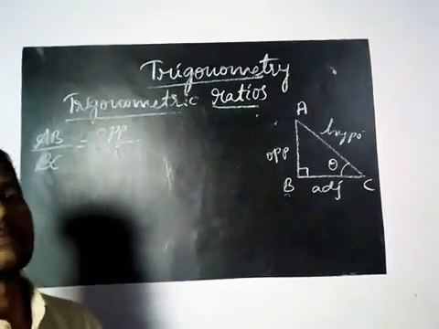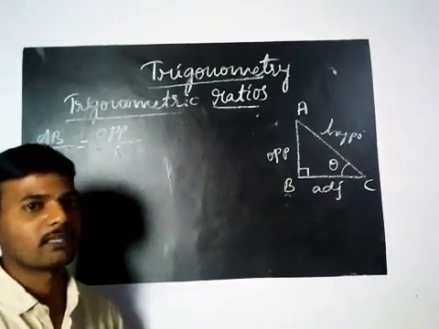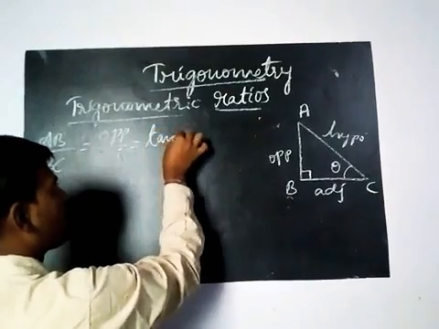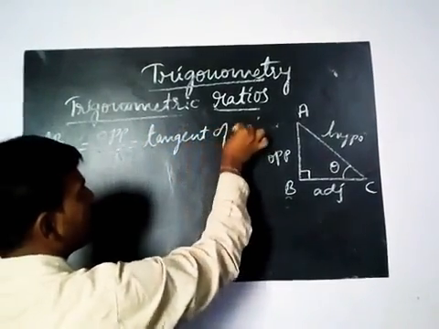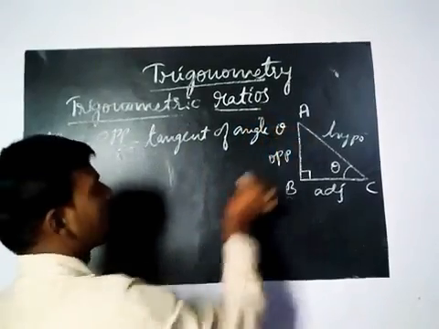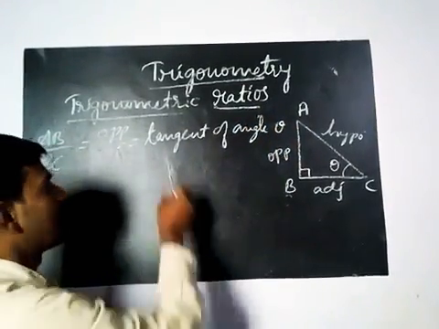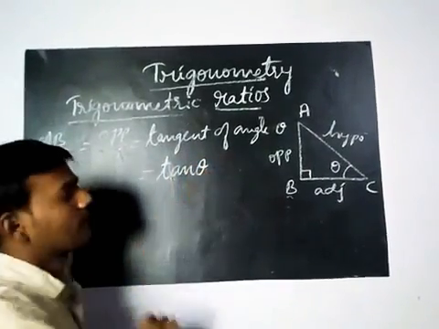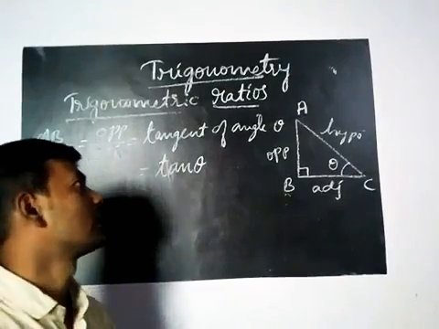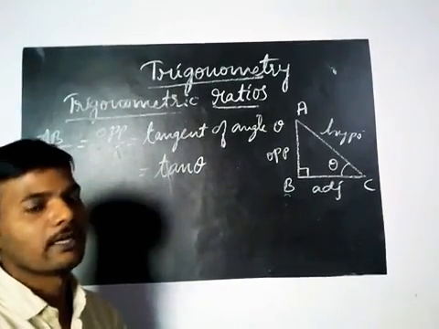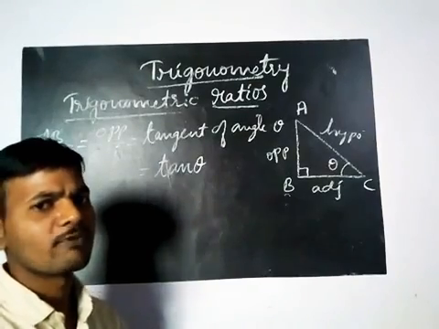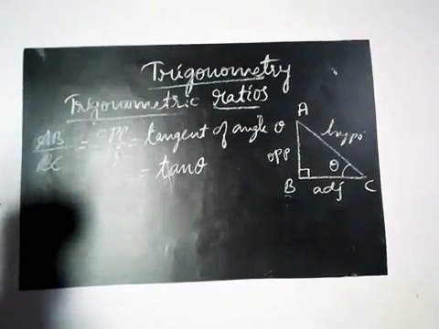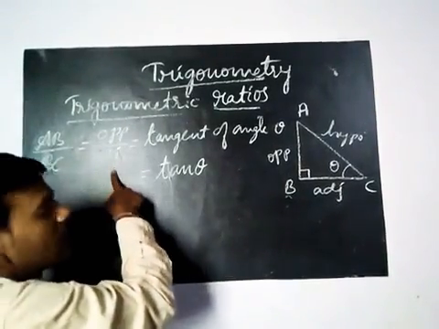There is a special name for this ratio in trigonometry, that is tangent of angle theta. In short form it is named tan theta. This is also not a product. It is not tan into theta, it is just tan theta. It is an abbreviation. Tan theta is the ratio of the opposite to the adjacent side.